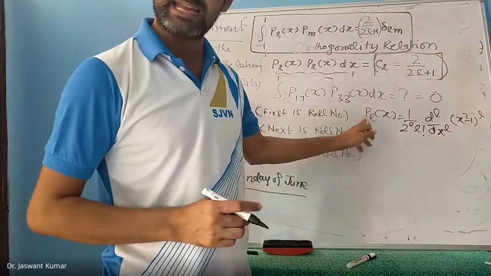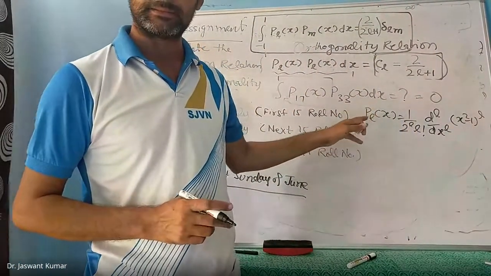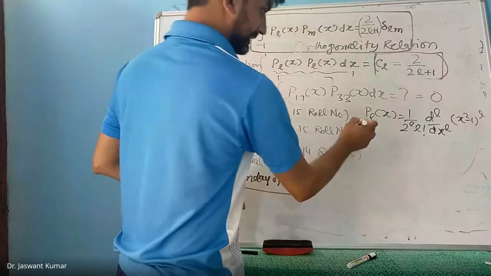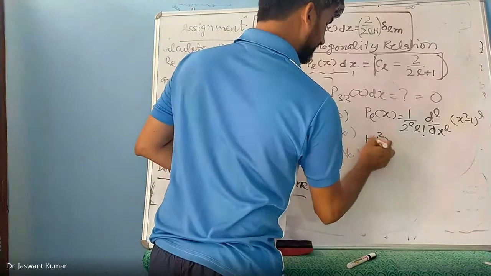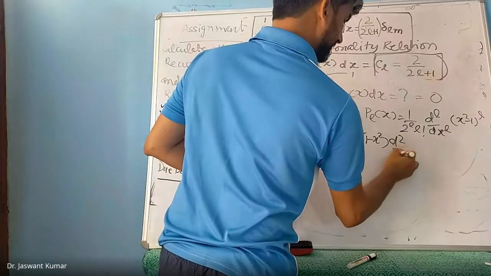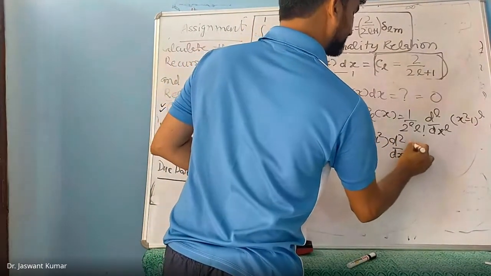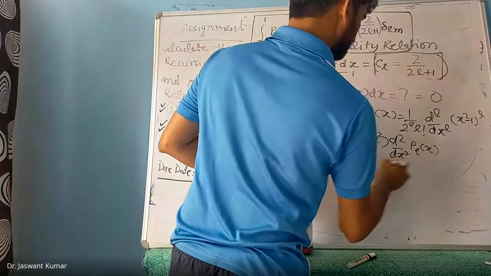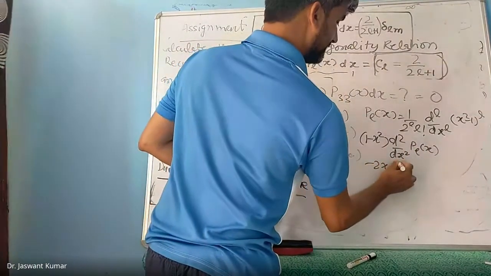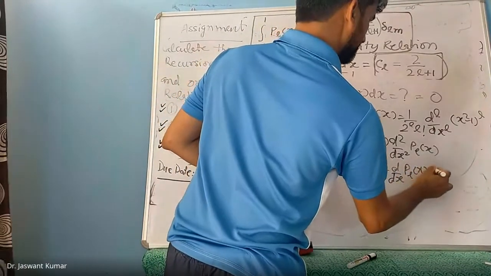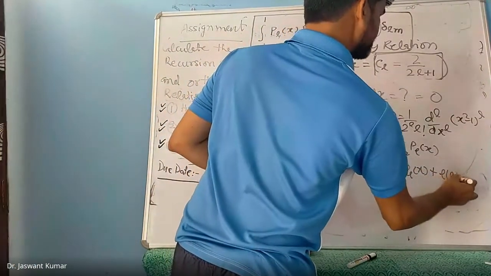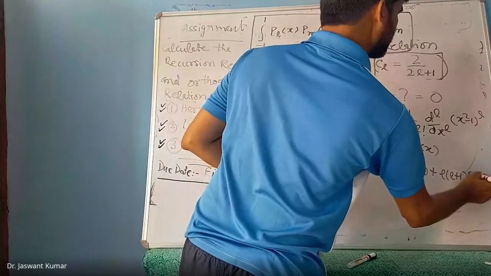This was the y of x, the solution of the equation (1 minus x squared) d2 by dx2 of P_L of x, minus 2x d by dx of P_L of x, plus L into (L plus 1) P_L of x equal to 0.